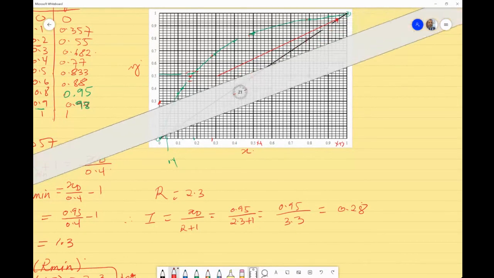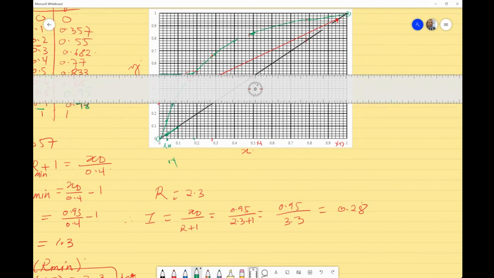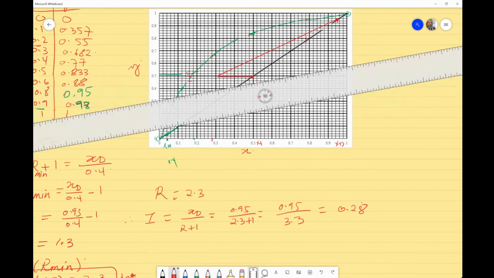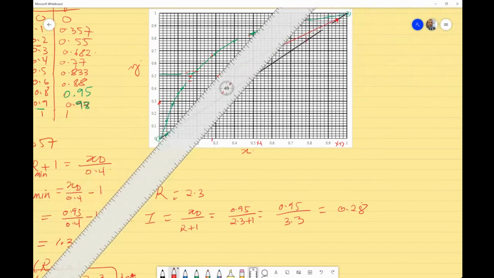Why? Because I need to draw the Q line. The Q line is going to be here, and I connect it to this point. I know that it's 0.4 here, 0.2, 0.4. So this is my XW here. So I connect this one with a straight line to this point.